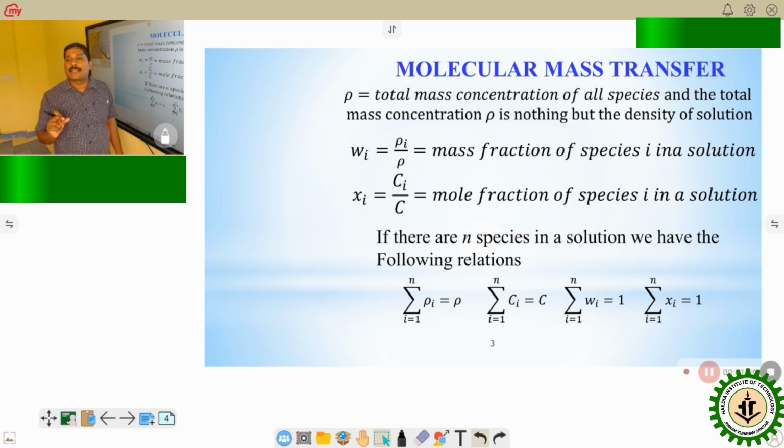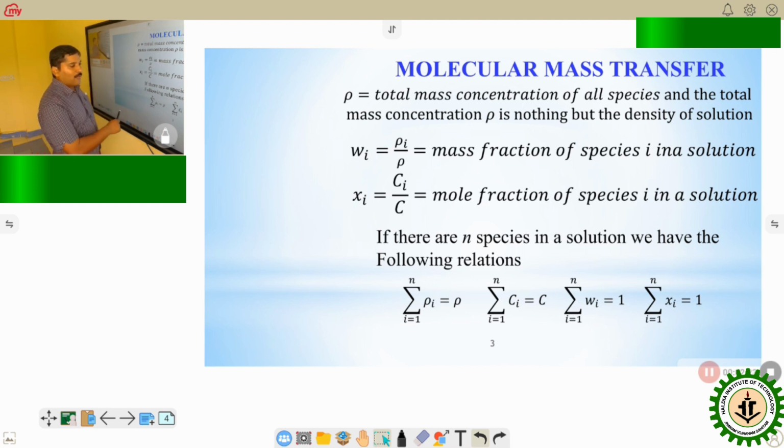Rho i is the individual component mass concentration divided by rho, the total mass concentration, and that gives the mass fraction of the species. In the same way, the mole fraction of species i, small xi, is equal to Ci by C.